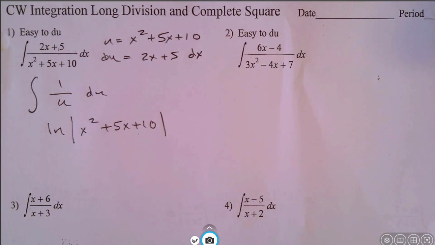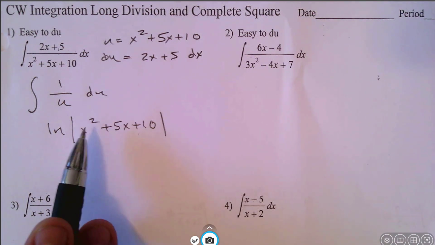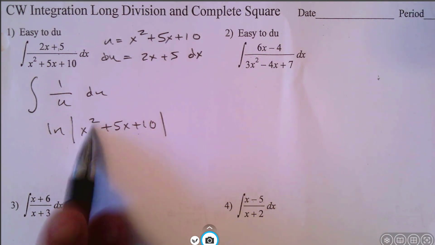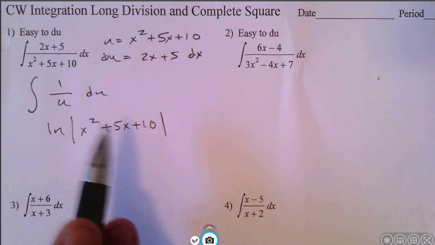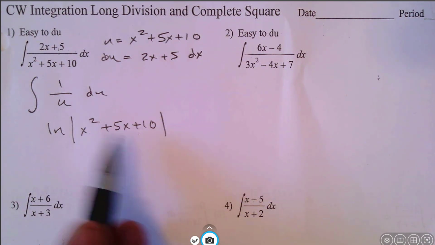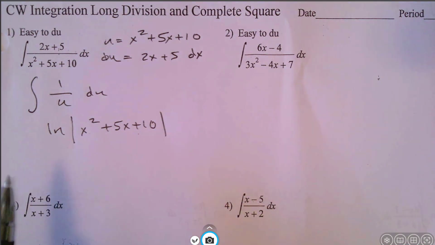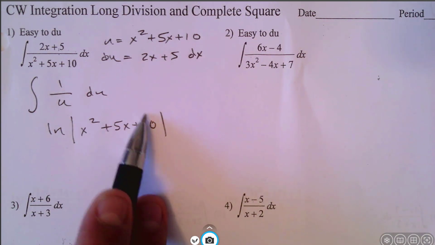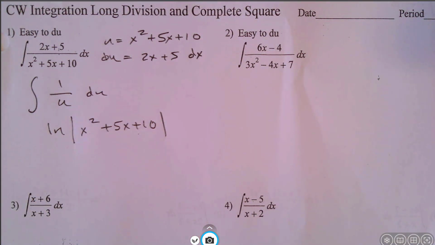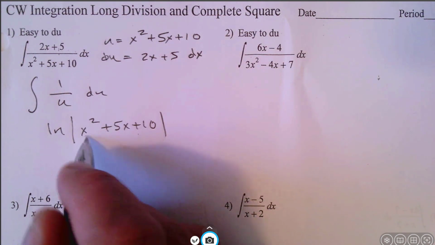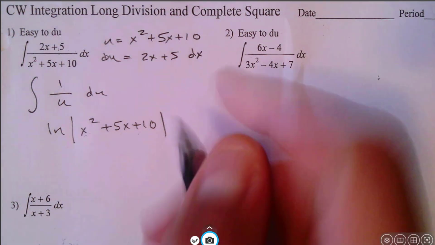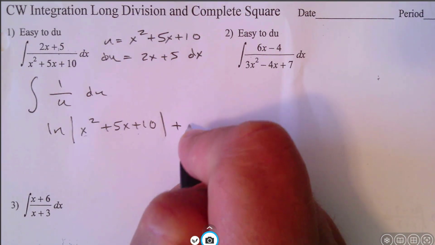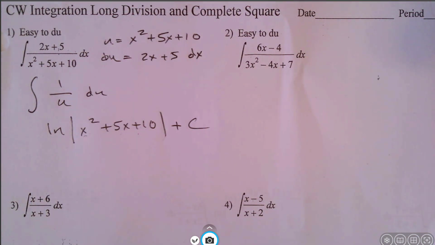And we need the absolute value bars here because as long as the inside here can be negative, we need to make sure we have the absolute value bars. If we're sure that the inside is always positive, then sometimes we will drop the absolute value bars and just put parentheses. But in this case, x squared plus 5x plus 10, there's going to be some places where that could be negative. And don't forget the plus c at the end. So that's all we have to do for number one.